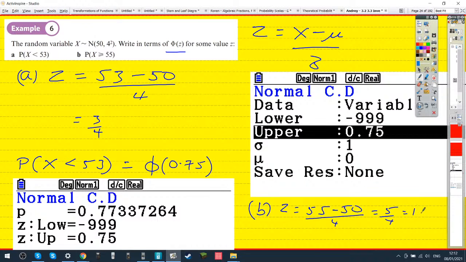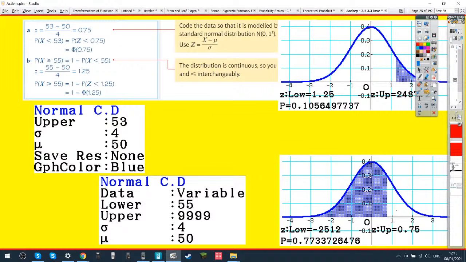What is that? 1.25. And so the probability that x is greater than or equal to 55, which you could do in your calculator, will be equal to the phi of 1.25. Okay, so far so good.